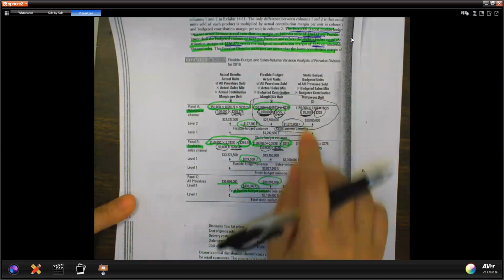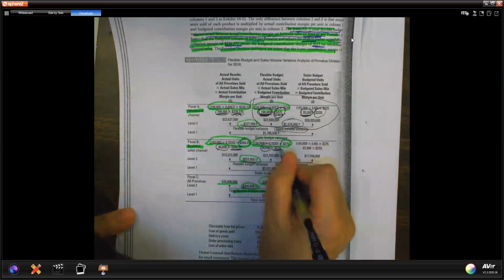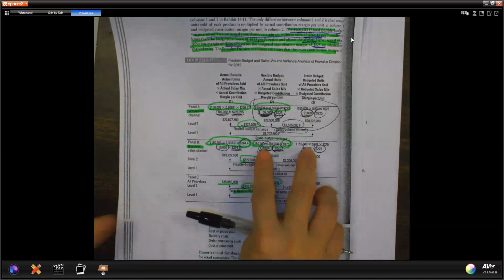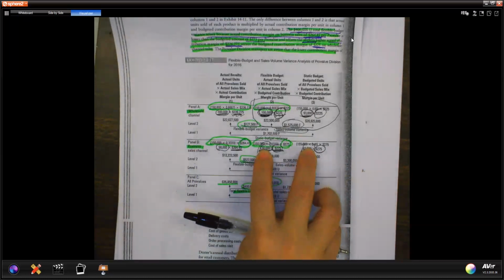For the second department, we also compare, and the contribution margin 275 is the same. So we compare the second department's sales units. Your flexible budget is 50,000, but static is 62,000. So the left side is more than 10,000 units lower than the right side. So your second department is a big unfavorable.